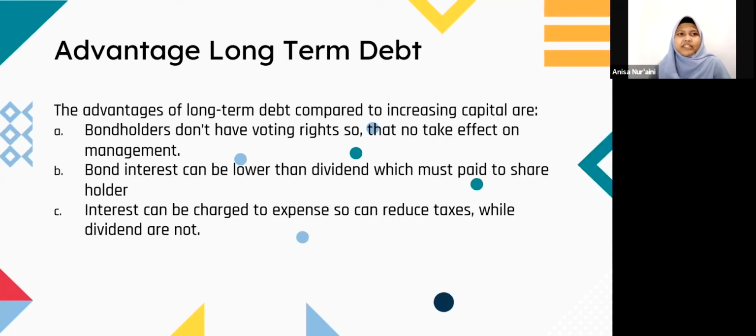The advantages of long-term debt are, first, bondholders don't have voting rights, so there is no effect on management. Second, bond interest can be lower than the dividends which must be paid to shareholders. Third, interest can be charged to expense so it can reduce tax, while dividends cannot.